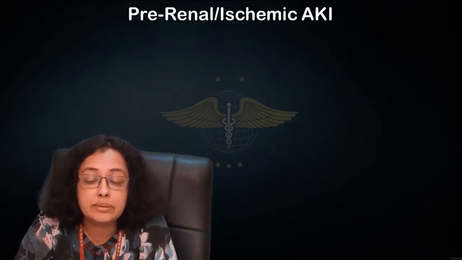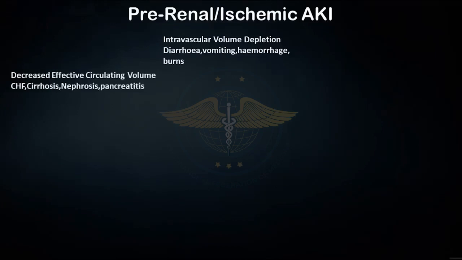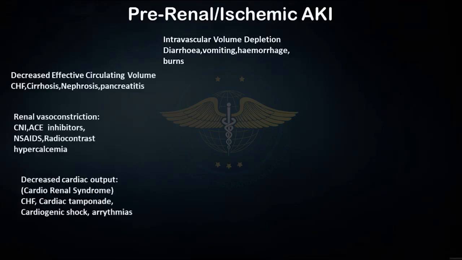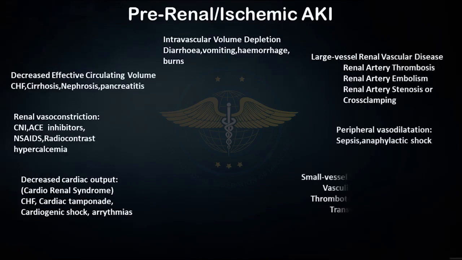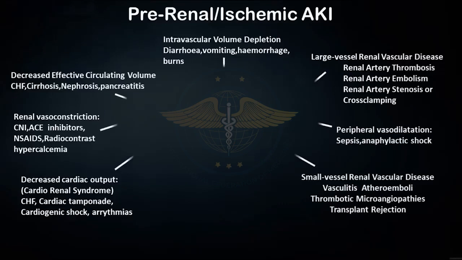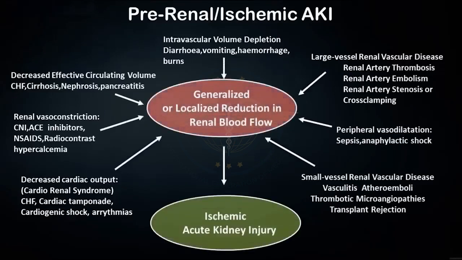In pre-renal and ischemic AKI, there will be intravascular volume depletion because of various causes, or decreased effective circulating volume. As I said earlier, renal vasoconstriction, decreased cardiac output, large vessel vascular disease, peripheral vasodilatation, small renal vascular disease. In all these situations, there is a generalized or localized reduction in the renal blood flow, leading to ischemic acute kidney injury.